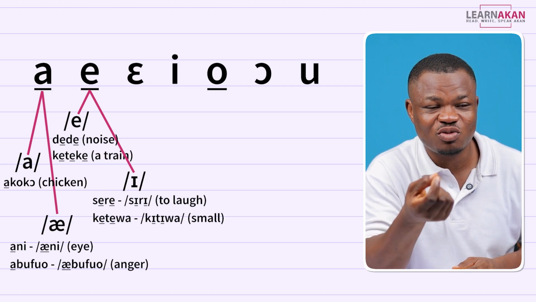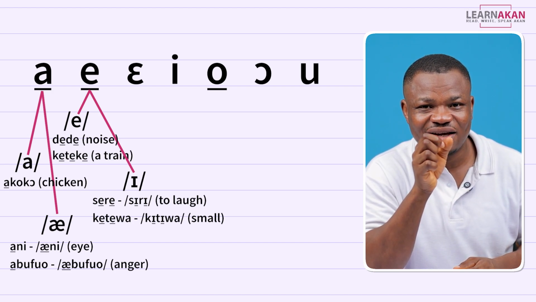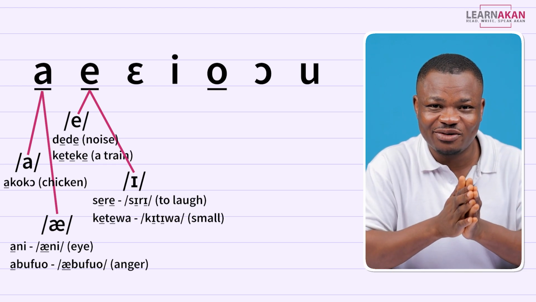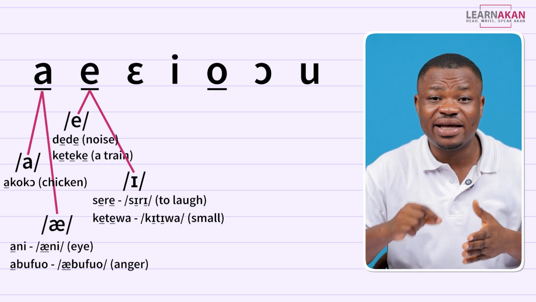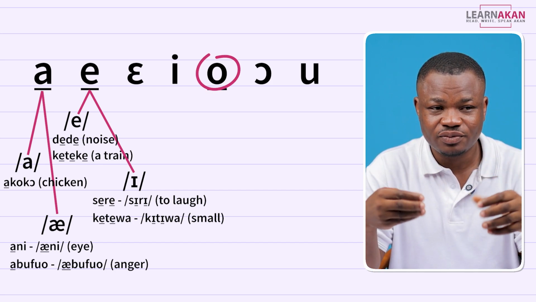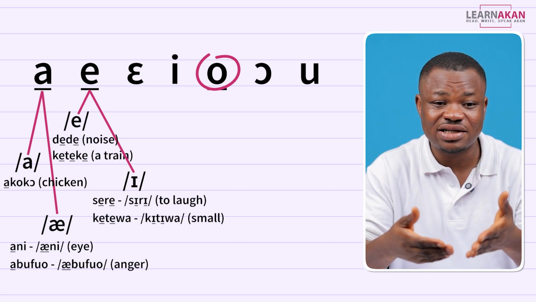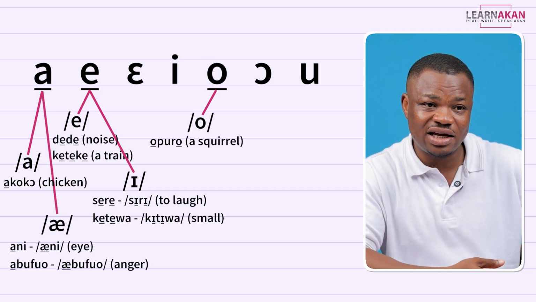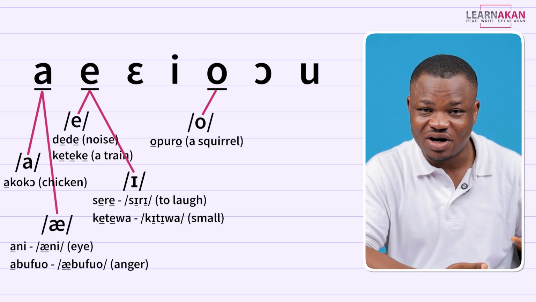Ketwa, when you say ketwa small, you have ke, te, wa, right? Ketwa. So that E sound, this is what we represent that by in writing, all right? And then we have the O vowel. The O vowel can be realized as the regular O, so the O that you say when you are saying the Akan alphabet, right?